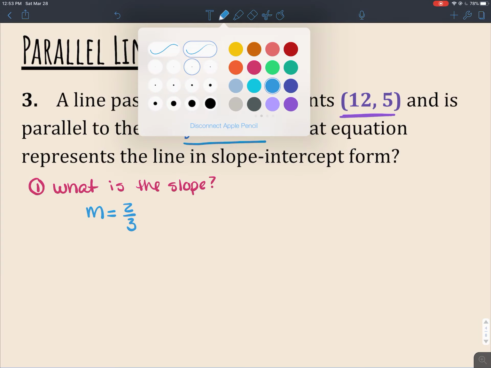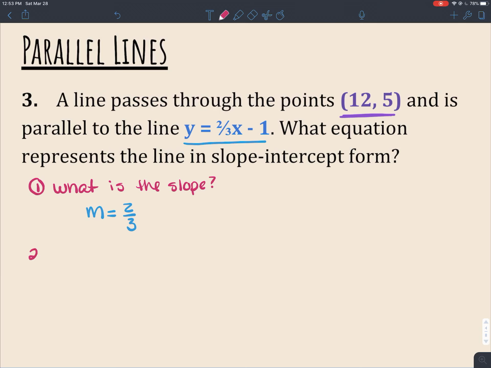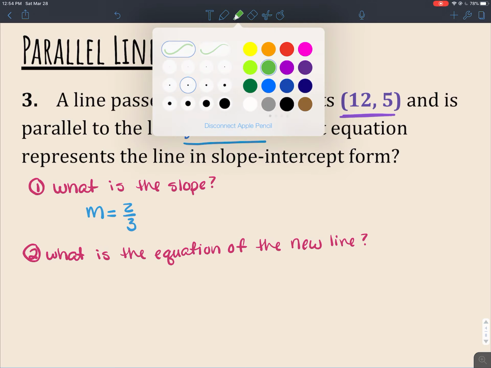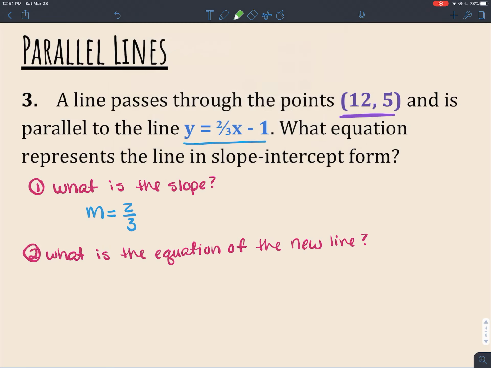The second question we have to figure out is, what is the equation of the new line? This question is specifically asking for the equation in slope-intercept form.